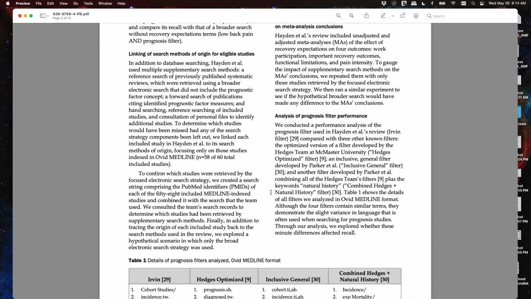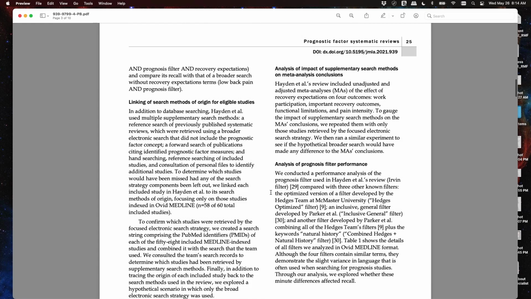Okay, next approach. In addition to the 2 approaches already mentioned, they wanted to focus on checking whether studies identified via the supplementary search methods would make a difference if taken out from the meta-analysis they conducted.